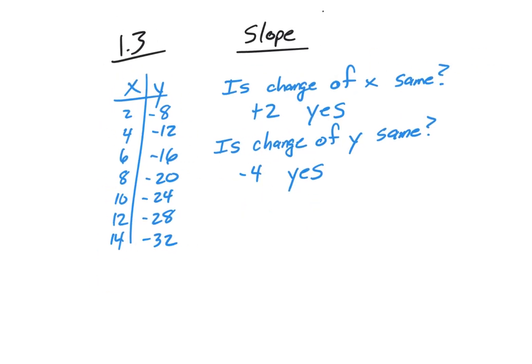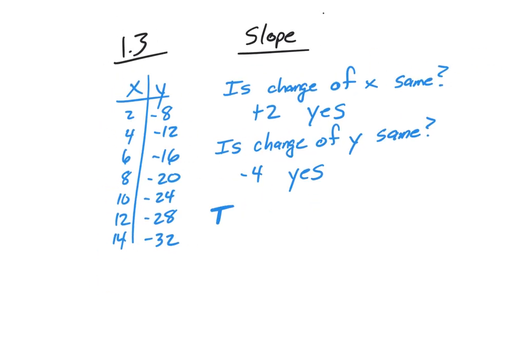Okay, the third question is this linear? And in order to answer that question, if I say yes for both of these, then I would answer yes for this. If either one of these happens to be no, then it would not be a linear function.